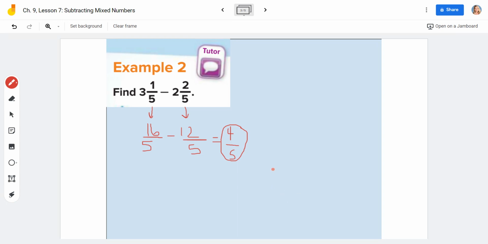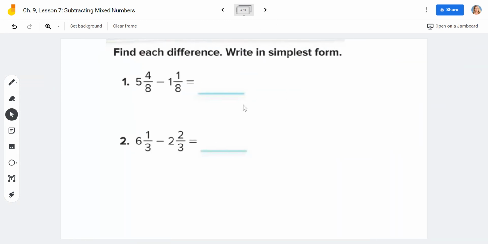Now remember, you can always check subtraction with addition if needed. But we will move on to the next couple of examples. So here it wants us to find each difference and write in simplest form. So check the largest whole number. And yes, my largest whole number comes first here, so I'm good. Then we're going to check my numerators.